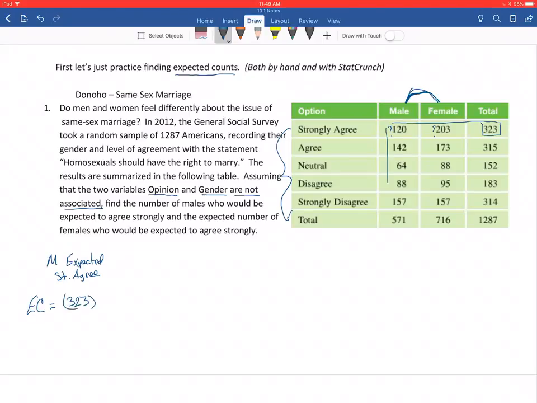The column that we're in has a total of 571. And the overall grand total is the 1287 people who were asked. If I multiply that out and then divide and round it off to the nearest whole number, I get 143 expected.